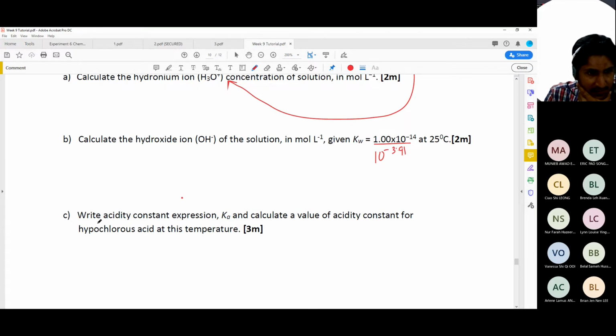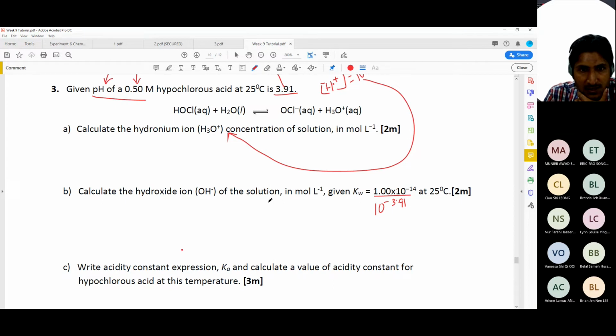Question C says write the acidity constant expression Ka, and calculate the value of the acidity constant for hypochlorous acid at this temperature. We have found the hydrogen ion and the Kw value. The acidity constant Ka is equal to the concentration of hypochlorite ion times hydronium ion, divided by HOCl, but not water, because water is liquid, so we will not consider that one. That will be the equation for it.